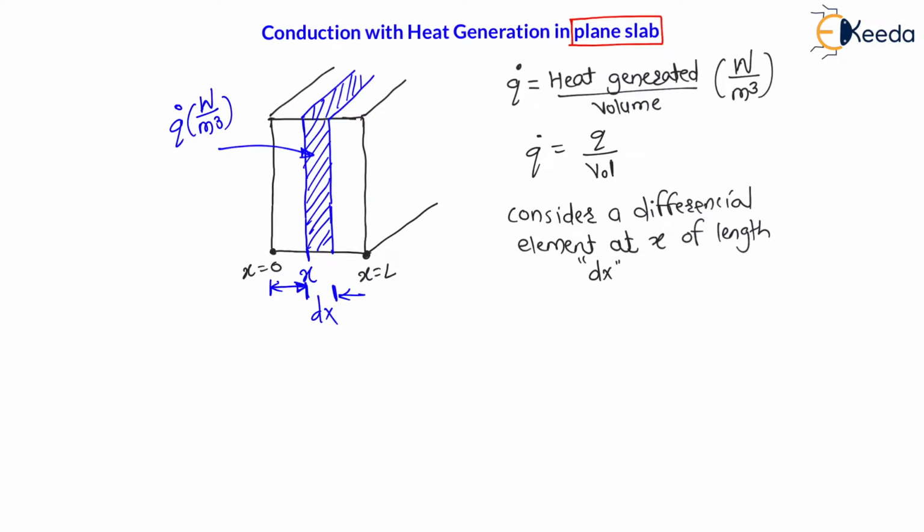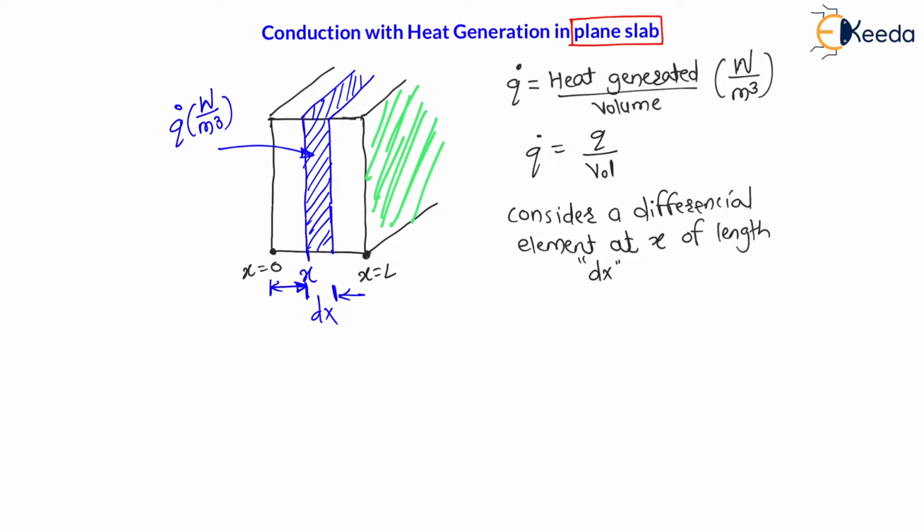Now my dear students, let us say the uniform heat generation within this element is q dot, which is nothing but heat generated per unit volume. What will be the volume of this element? You will find this will be the area of this element, and for any element on this slab this will be the area.